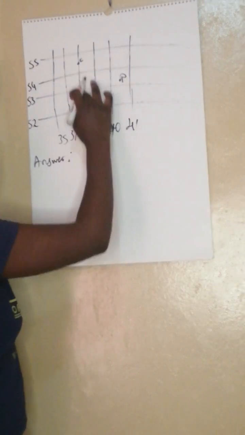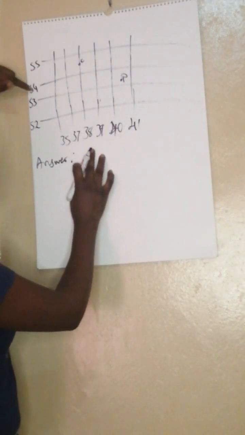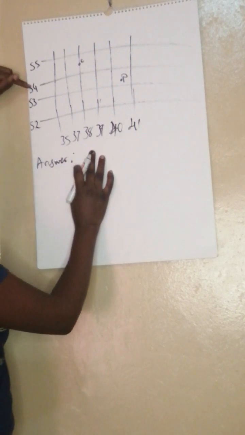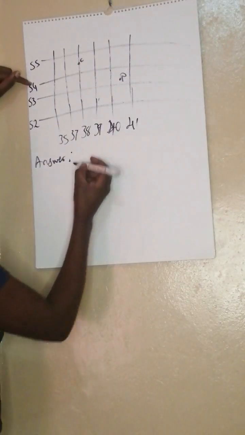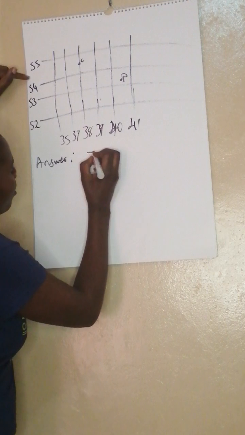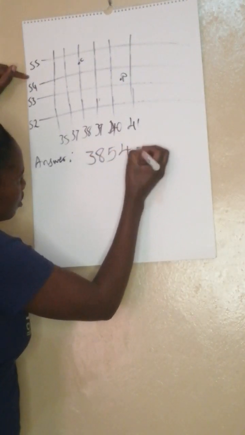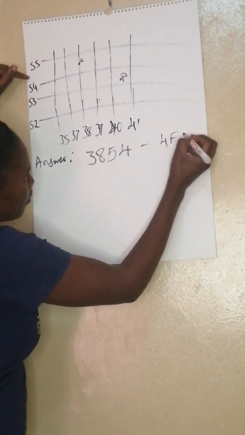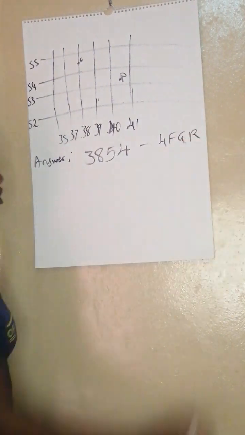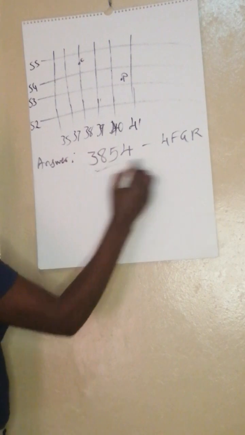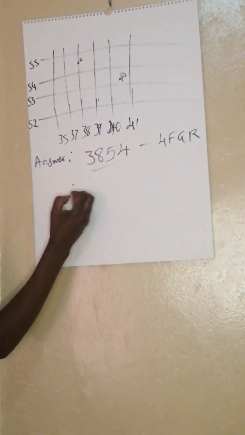So we have 38 and 54. So point C is located at 38, 54. This is a 4-figure grid reference. That's all.